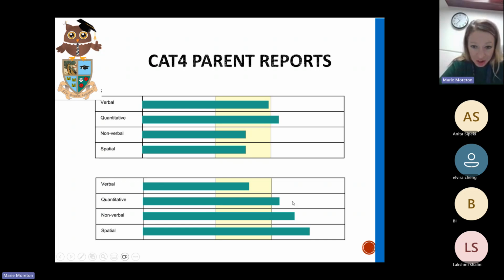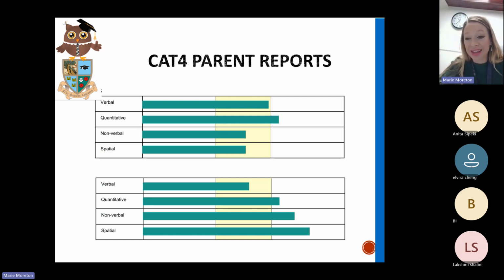Whereas this child here is average for verbal. It looks like they're probably around 103, something like this, right in the middle. But they're showing a spatial bias. So they are quite high ability in their spatial ability. This means this child might be good at problem solving.